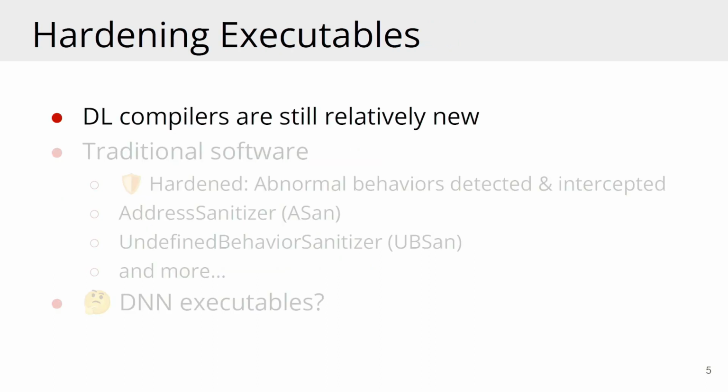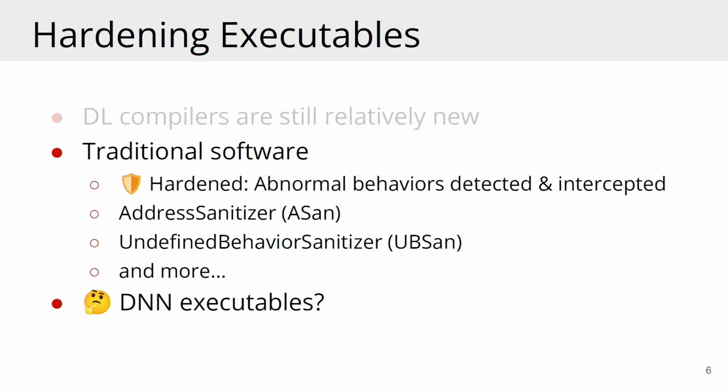Although there are a bunch of DL compilers right now, they are still relatively new, which means they have not yet had the time to consider the security aspects of the compiled binaries. If we look back at traditional software, we can see that traditional compilers already come with a number of security hardening techniques.